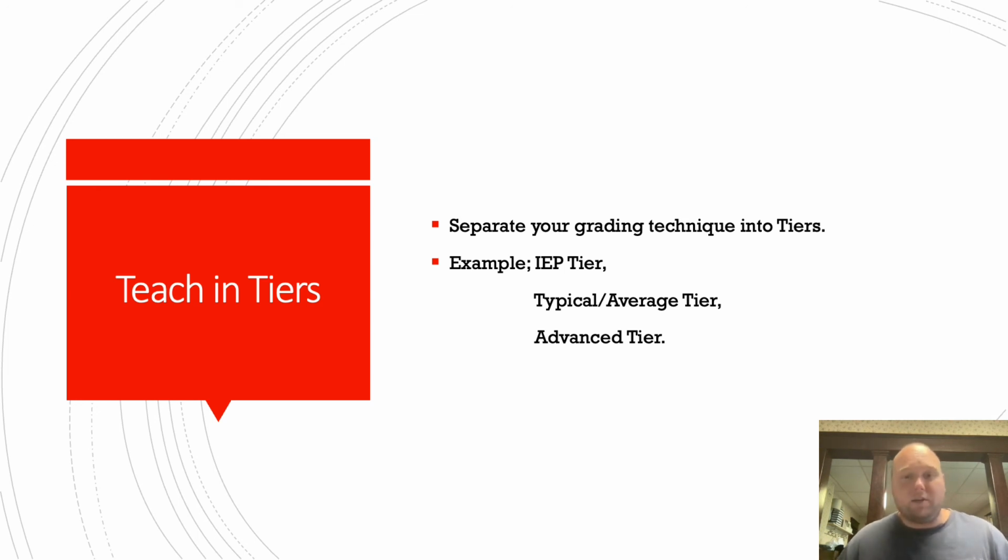But the advanced tier, where they're different, is where I would give them opportunity for extra credit by helping struggling students. And that's just one way to separate kids who are advancing away from the typical and the IEP. And that also at the same time keeps them together. And then here we are working as a team.